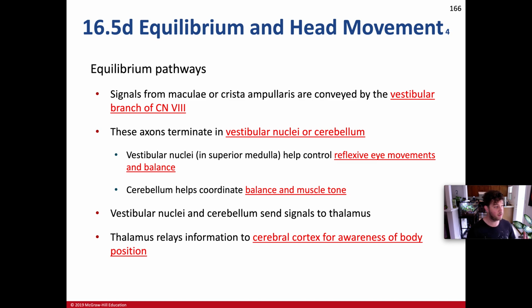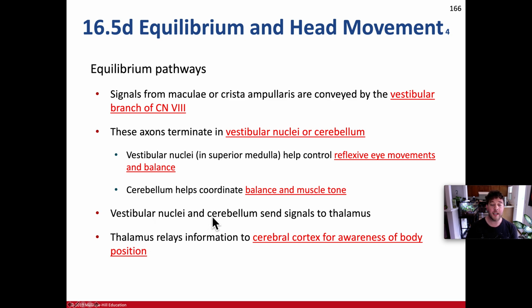So if all of a sudden our equilibrium is saying, hey, your equilibrium is off, our body will catch us, hopefully. Or if your equilibrium is really off, you're walking normal in a straight line, and then all of a sudden you trip and fall, and you feel really dizzy because there's potentially a misfiring in your vestibulocochlear nerve.